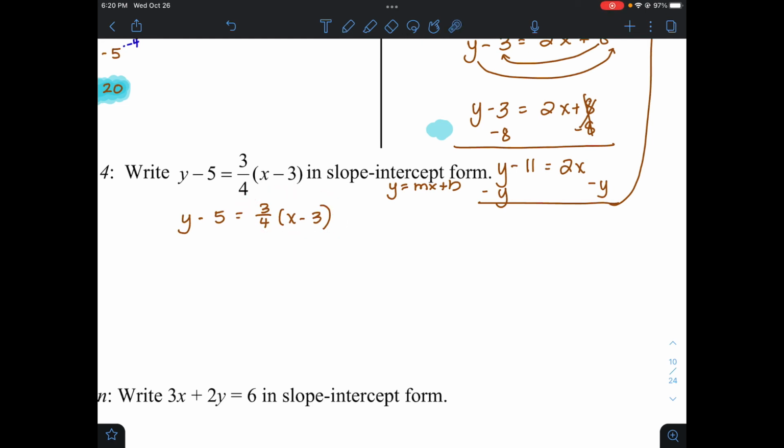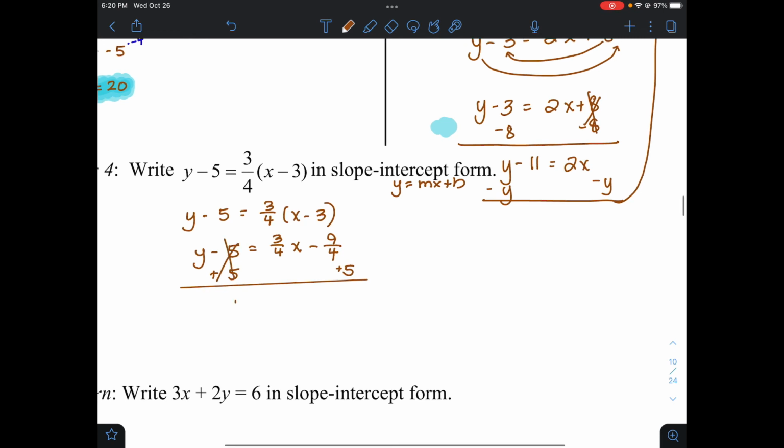So to simplify that, we are going to distribute my 3/4. So it's going to be y minus 5 equals 3/4 x minus 9/4. Okay? Now I need to add 5 to both sides. And guys, don't worry, we can just use our calculator. So do not let those fractions bother you.